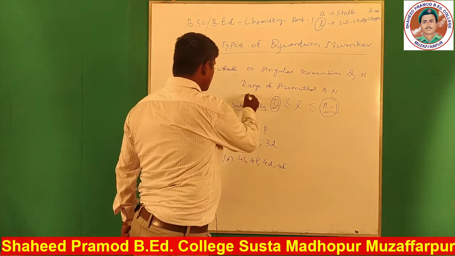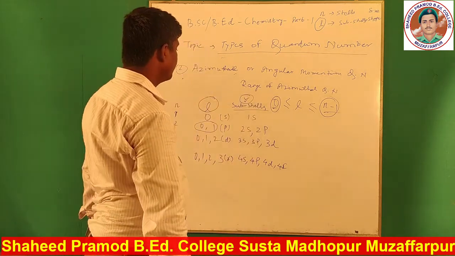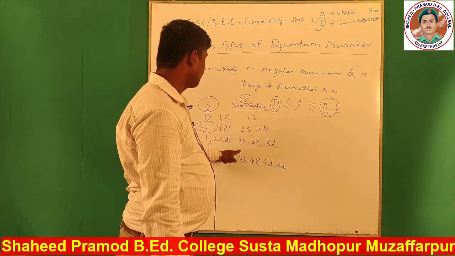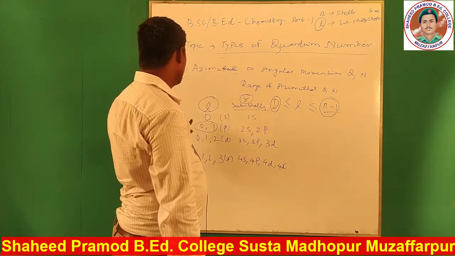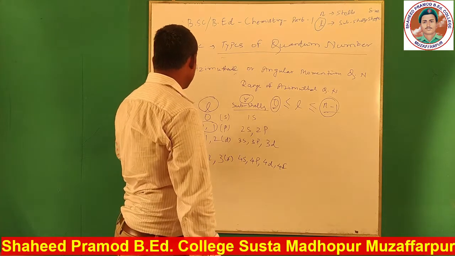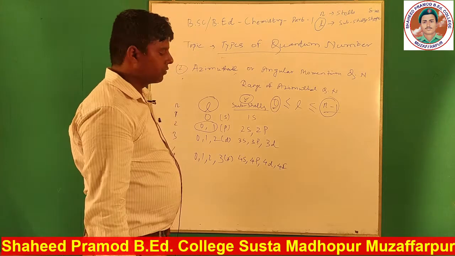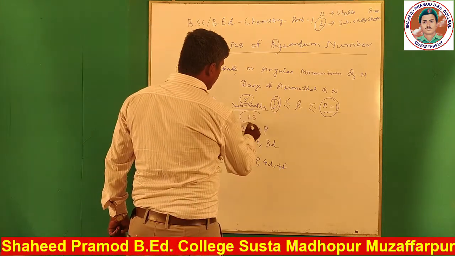It gives the information of subcells in the cells. This is the description of cells for corresponding azimuthal quantum number as well as principal quantum number. This is very important.